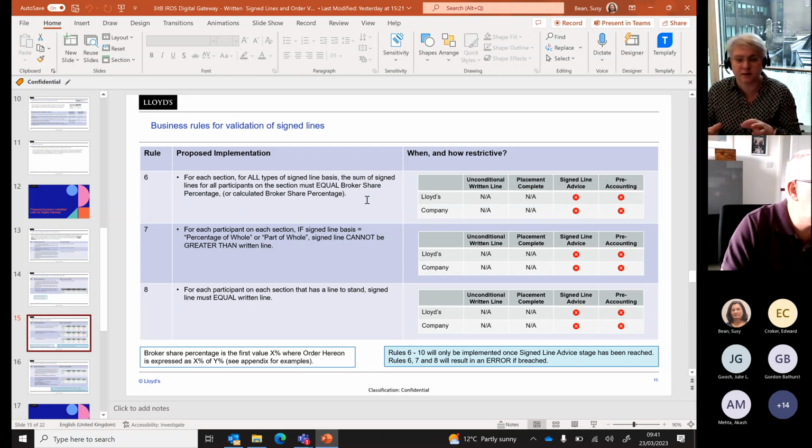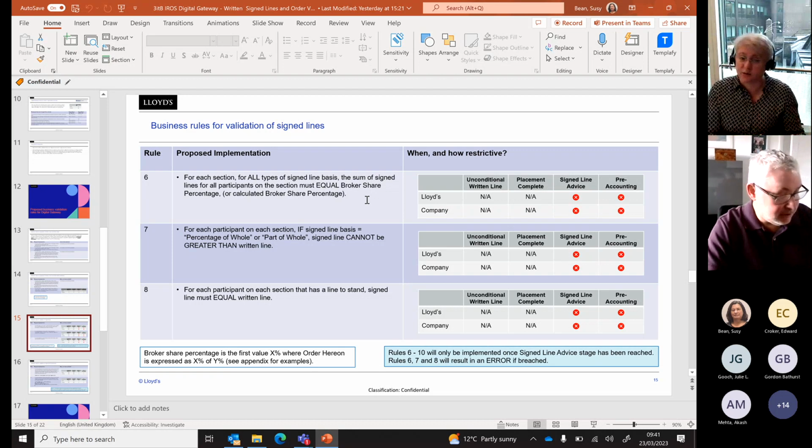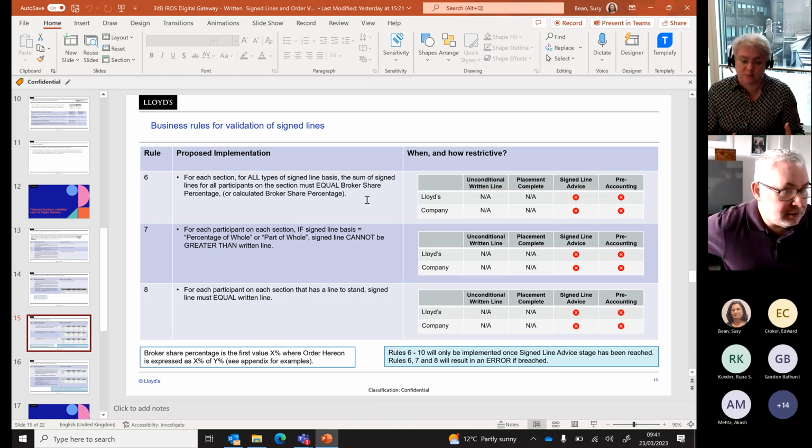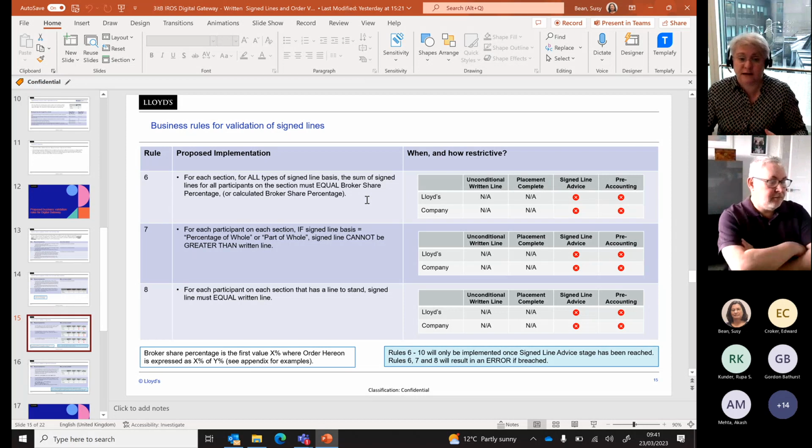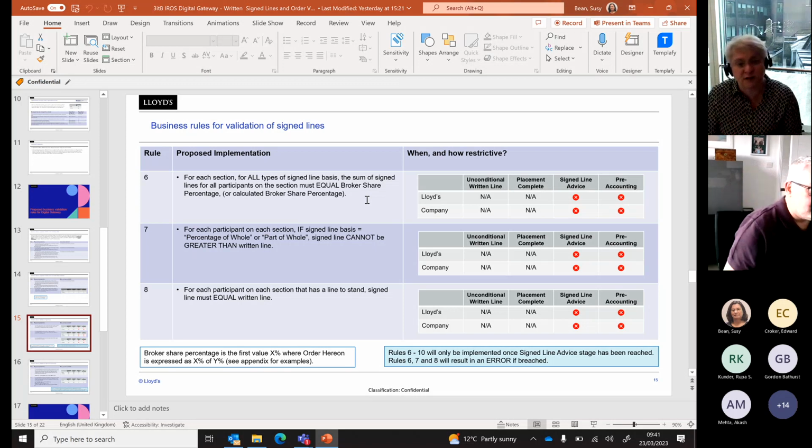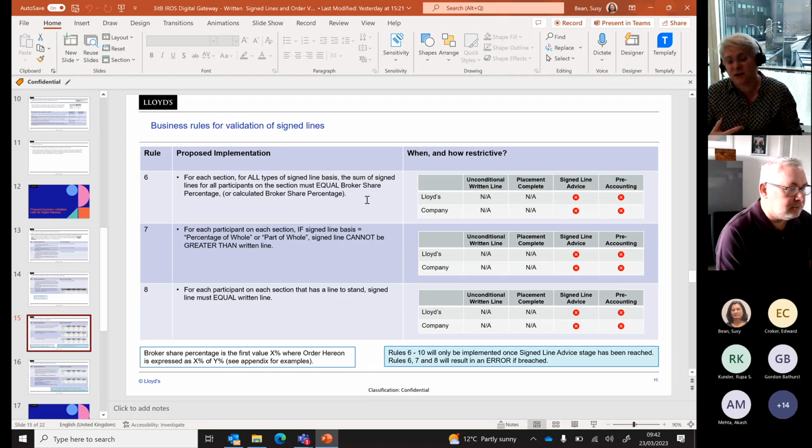I think it's fine if it adds up to the broker share, because the broker PAS, to pick up your point, Rob, must have started with that figure, or the placing platform, if it is going to do the signing mathematics, because that's the figure that would be plugged in. I can't see, unless somebody got a pen and paper out, that a system should have got that wrong. They must land at the same outcome.